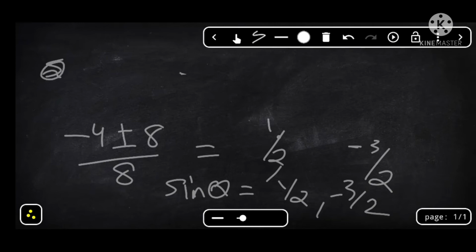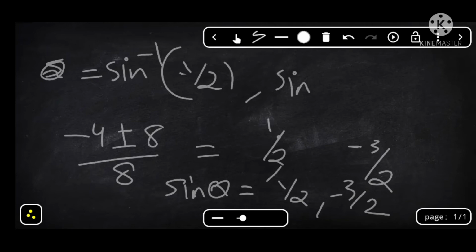So theta will be equal to sine inverse of these values. Okay. 1 by 2, sine inverse of minus 3 by 2.